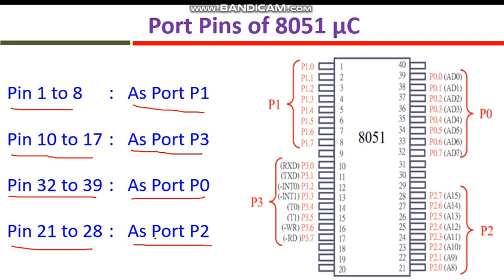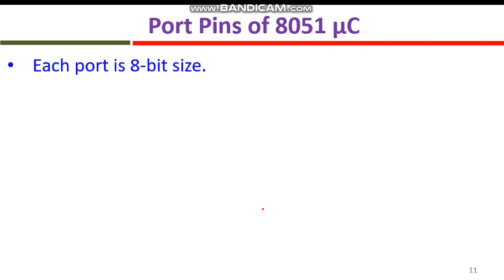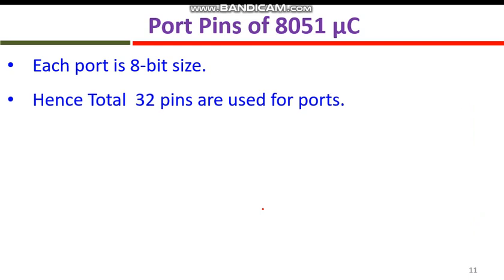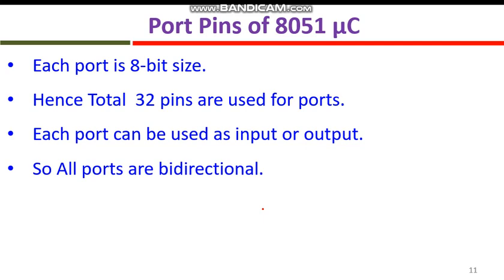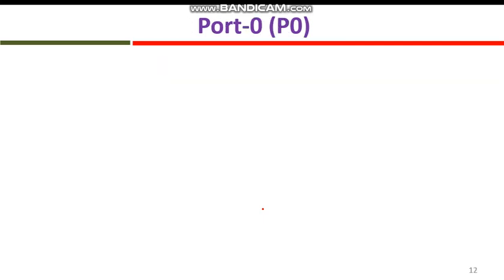You can see on the IC, the right side has got the even numbered ports, and on the left side we have the odd numbered ports, that is P1 and P3. Each port is 8-bit size, hence we have total 32 pins used for ports. Each port can be used as input or output. So all ports are bidirectional.